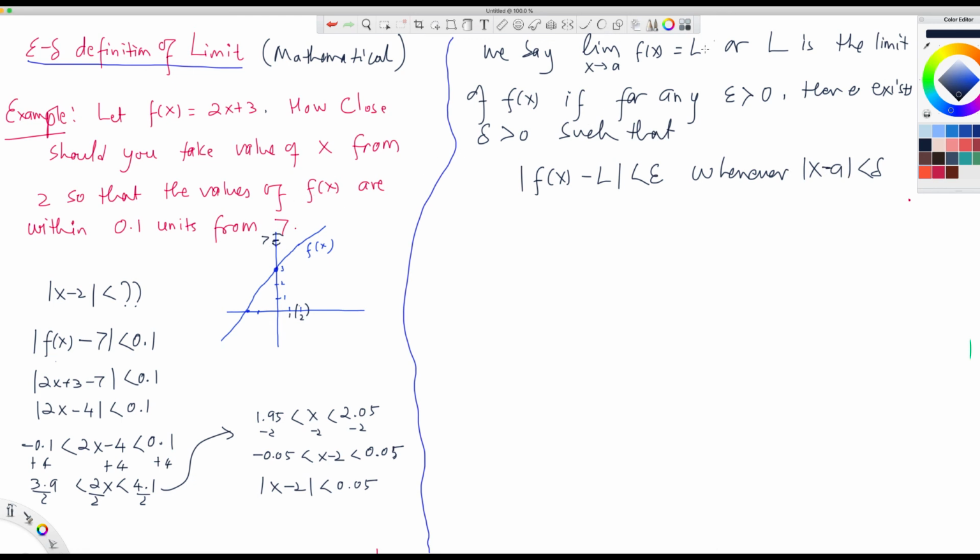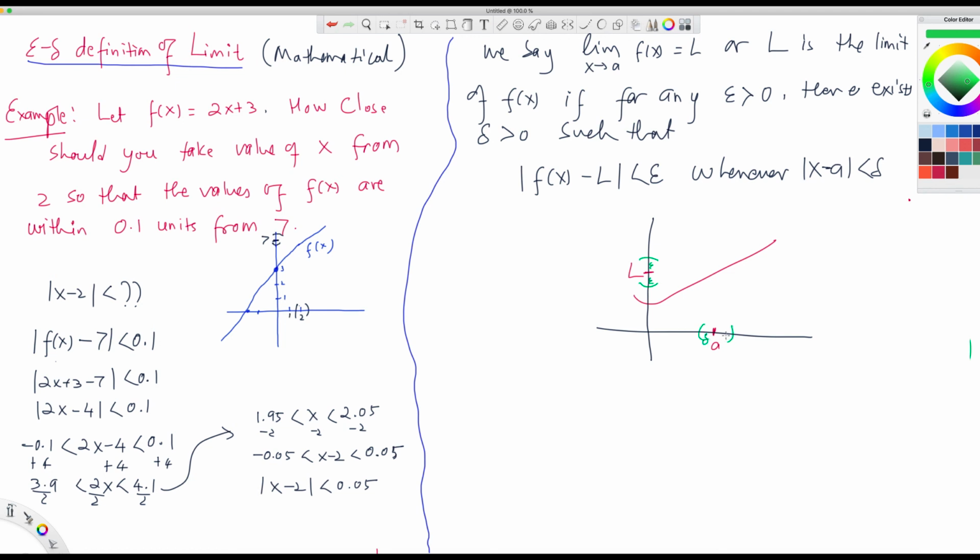L is the limit of the function f of x at x equals a if you pick any epsilon distance around L. Suppose this is a function, and there is a and there is L. If you pick any epsilon distance around L, epsilon distance up, epsilon distance down, and you want to know how close you should go, you will be able to find the delta distance around a, so that you must get within the delta distance to obtain the height within the epsilon distance. That's what it is basically saying.